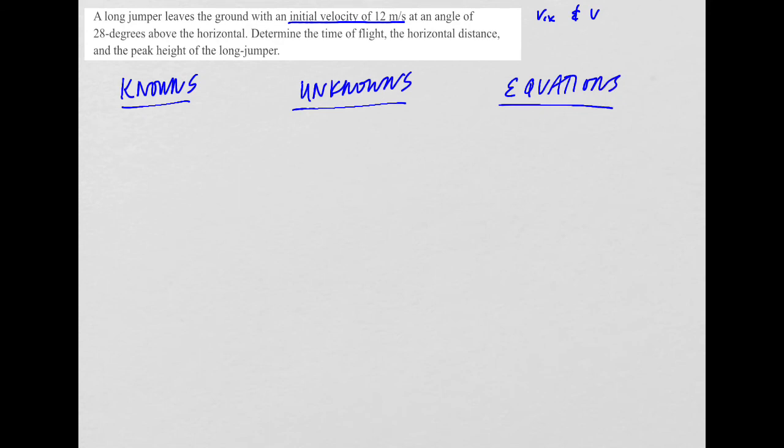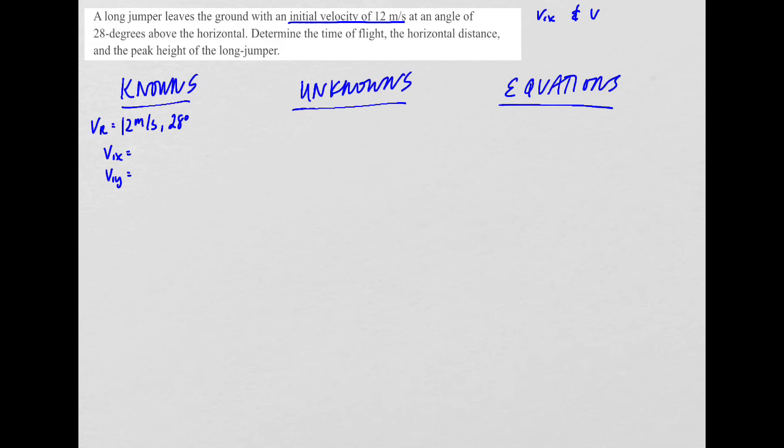So first, we know our resultant velocity. We're just going to call this VR, equal to 12 meters per second. Therefore, we must find VIX and VIY by doing the trigonometric method. And we'll say 28 degrees above the horizontal. All right, so before we do anything, let's write everything we're looking for.